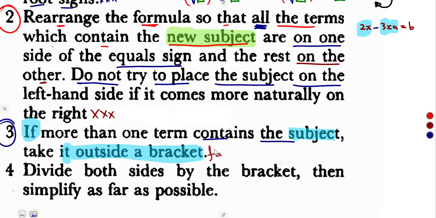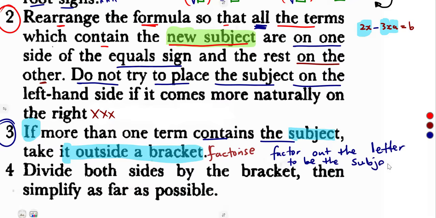That is simply factorize. To take outside a bracket is to factorize. So you factor out the term to be the subject. So you simply factor out the letter or the variable there, the letter to be the subject.